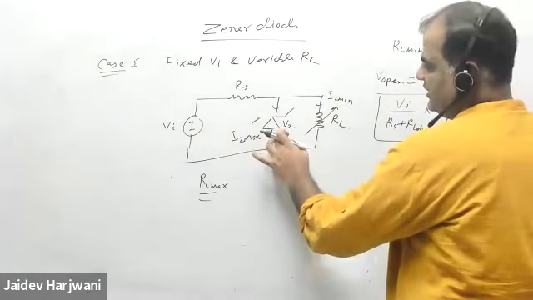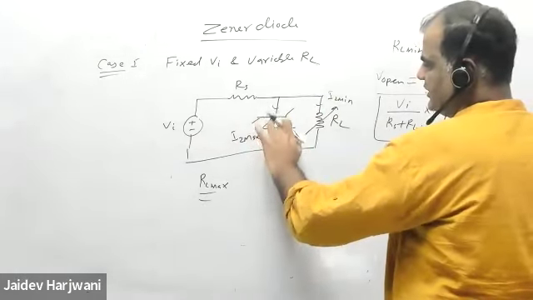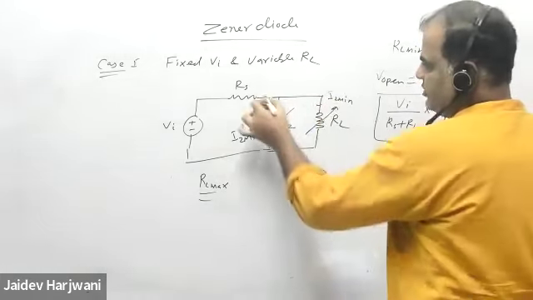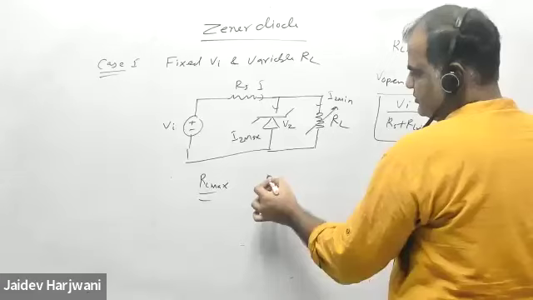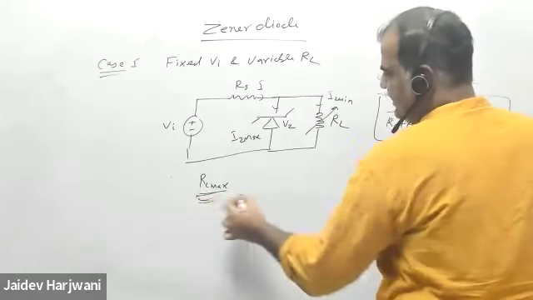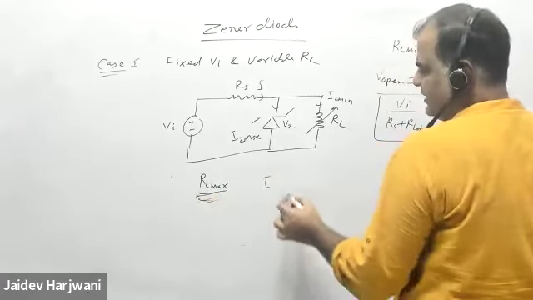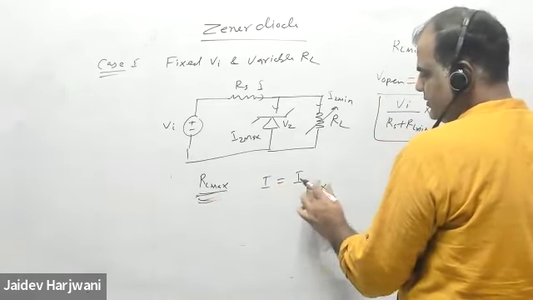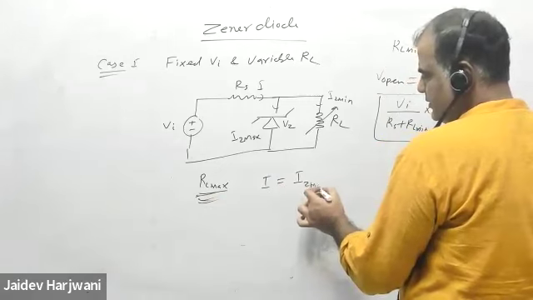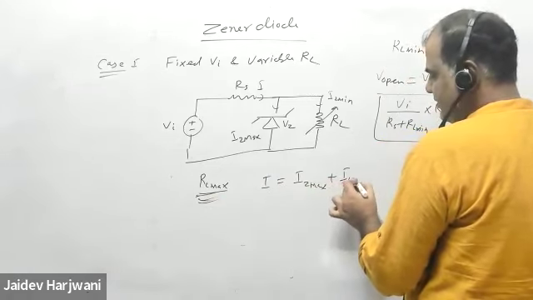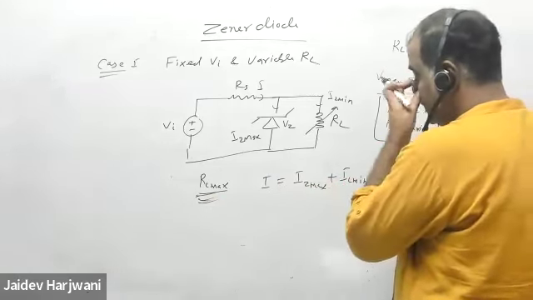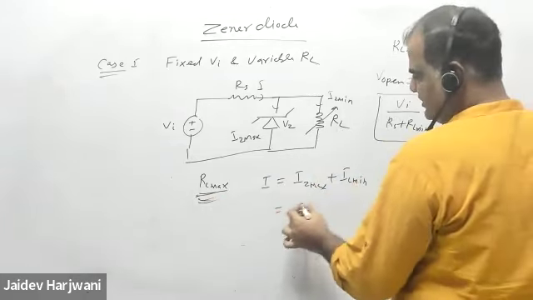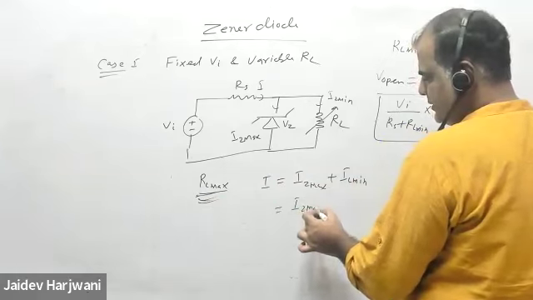If this is conducting, this voltage is fixed, so IZ is fixed. If a current I is flowing, then I will be equal to IZ max plus IL minimum. IZ max will be given.